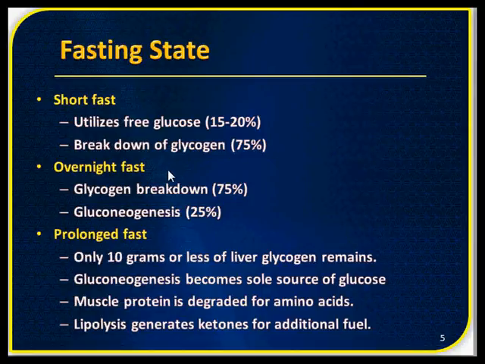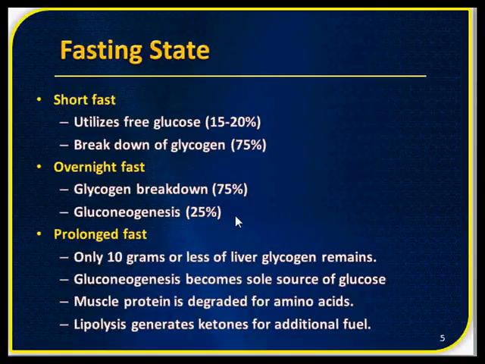Supposing we are on an overnight fast for doing some blood test or something, say night 8 o'clock to morning 8 o'clock, 12 hours, glycogen breakdown accounts for around 80% or 75% of the volume of the glucose maintenance in the blood, and 25% of the glucose in the blood comes from gluconeogenesis.